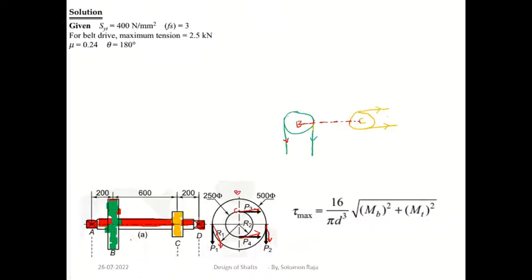Now our task is to find out this diameter.